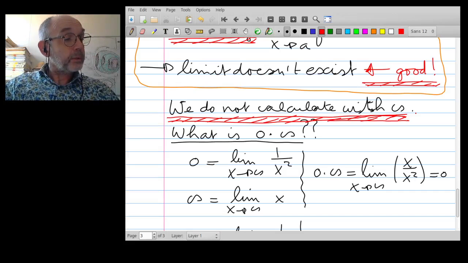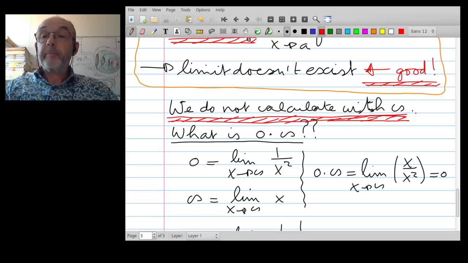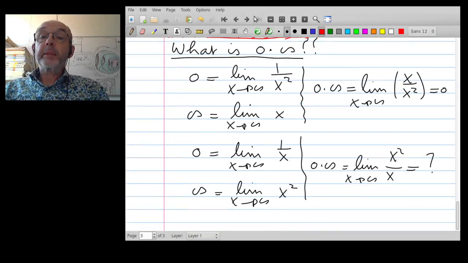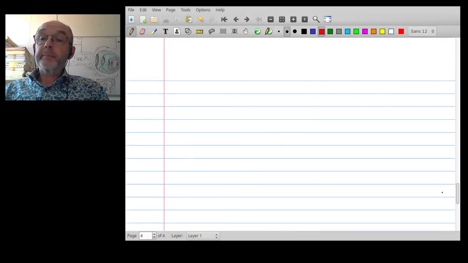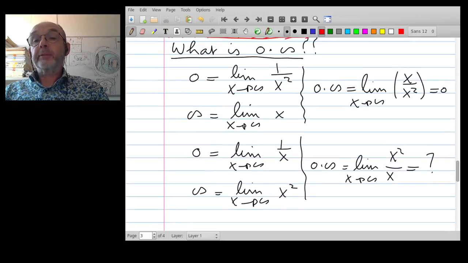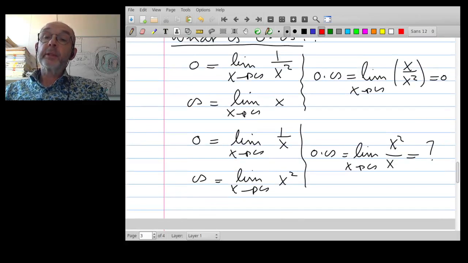What shall we do? I think on this page just before I've already given some examples, and that has to do with the powers of x.